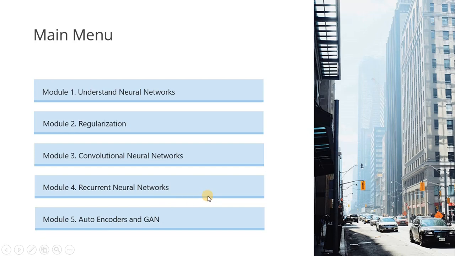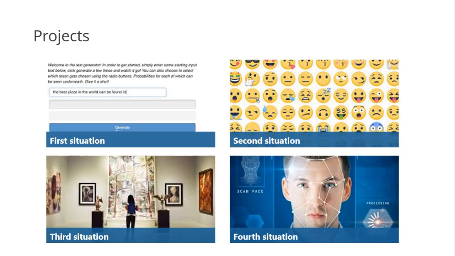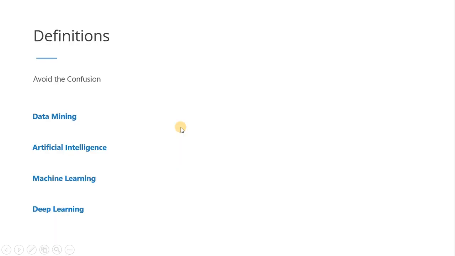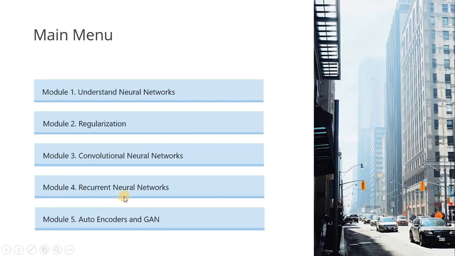Common use cases such as handwriting recognition and predicting the next word while composing a sentence are typical use cases that help us understand the RNN effectively under module 4.